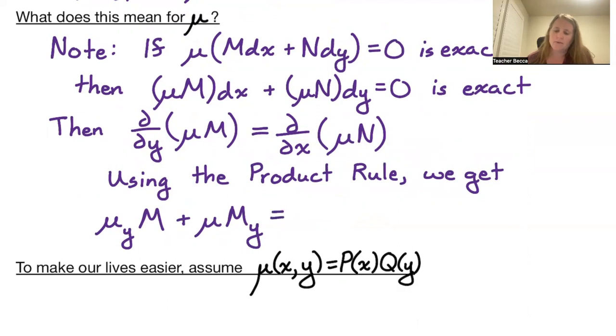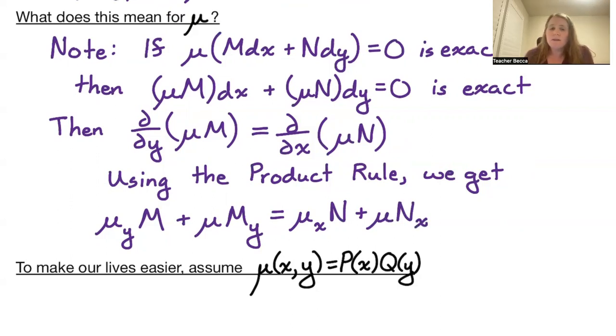On the right, the partial with respect to x of mu N would be the partial with respect to x of mu, times N, plus mu times the partial with respect to x of N.